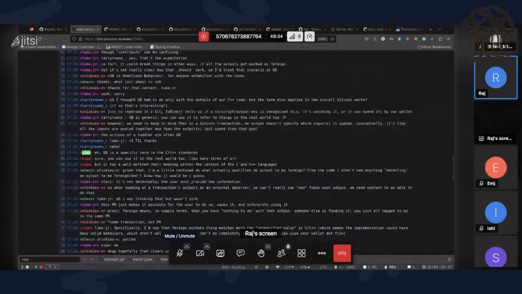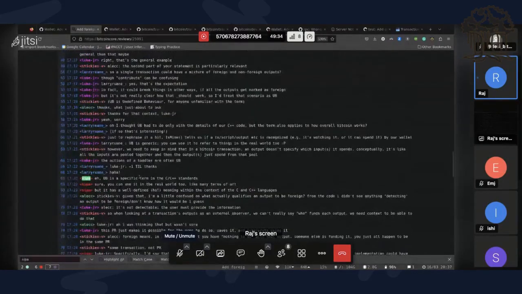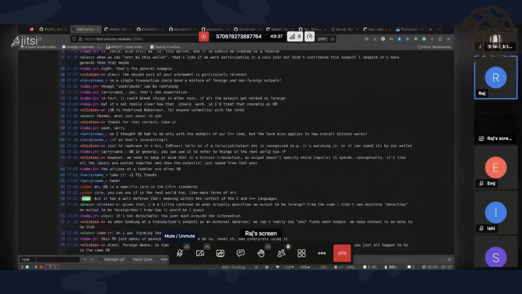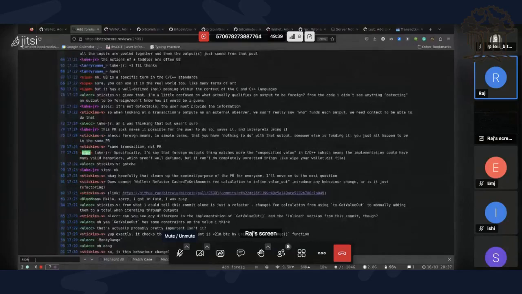They had some discussion over undefined behavior. Oh, I don't think so. I meant Sipa replied on Stack Overflow. I do not remember where I saw it. Okay. Can anybody gist it out? Like, what was it about?